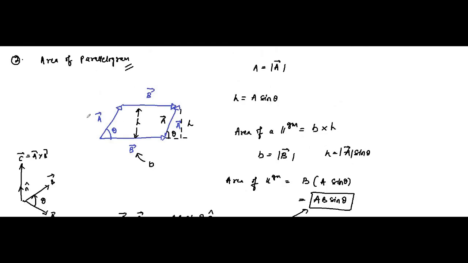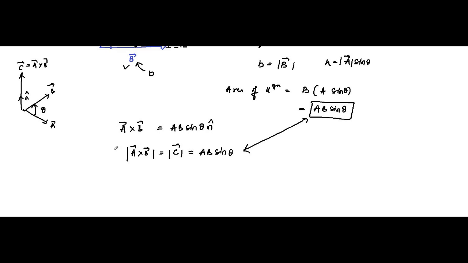So here A vector and B vector are the two adjacent sides of this parallelogram with an angle theta in between them. So the area of this parallelogram is nothing but the magnitude of the cross product.